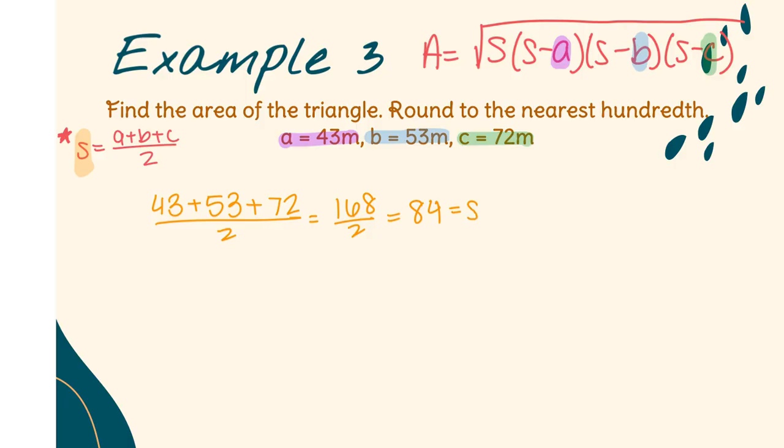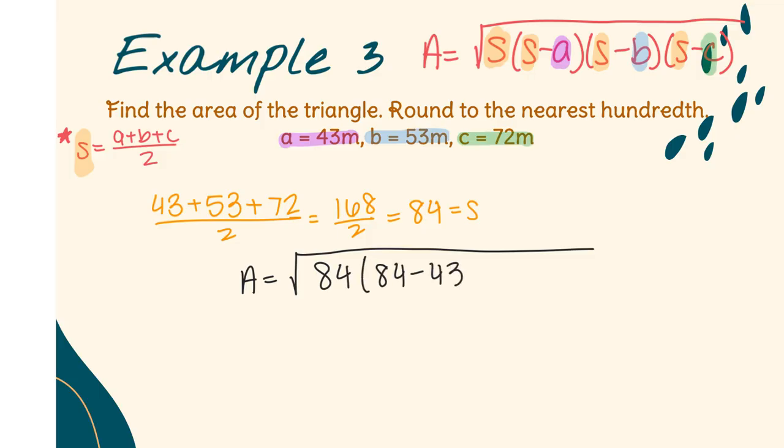Okay, so now that I know what S is, all I'm going to do is plug it in to where all those S's are in my formula with A, B, and C. All right, plugging it in so we could all see what it looks like. My area is going to equal the square root of S, which is 84, times 84 minus 43 times 84 minus 53 times 84 minus 72.